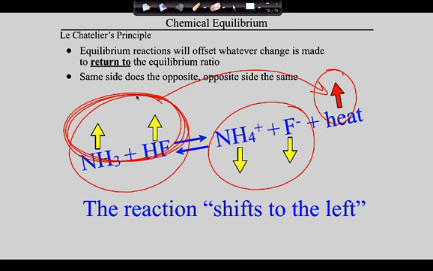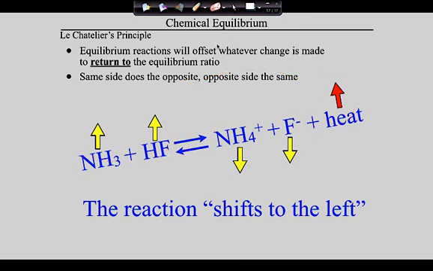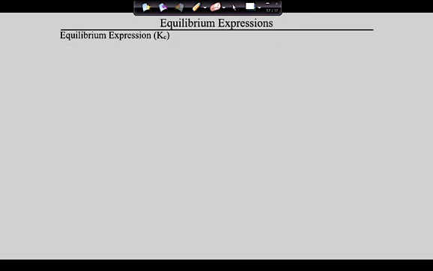Okay, so now we've talked about chemical equilibrium conceptually, and we've looked at how Le Chatelier's principle allows us to figure out how reactions respond to change. Now we need to talk about equilibrium mathematically.